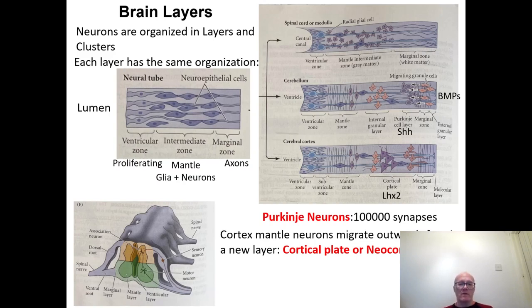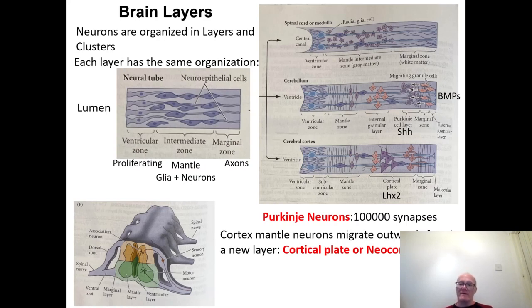The neurons in the neocortex express a transcription factor, LHX2, which is associated with controlling the expression of more genes related to what we would call higher function, like thinking, but also associated with receiving and processing information from our senses.